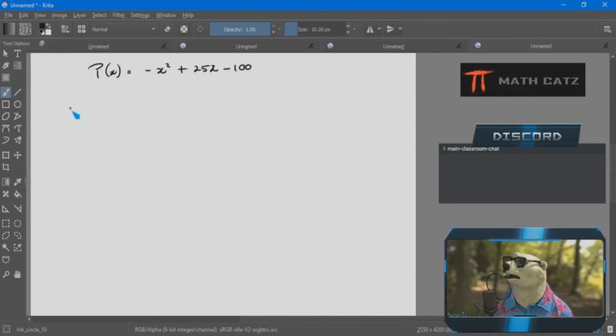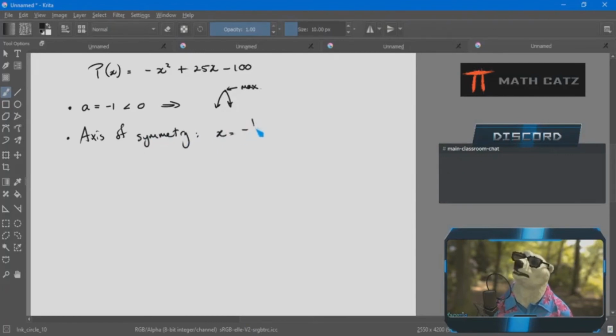Now again, I see some properties. A is -1, negative, meaning, as I would hope, I have a parabola pointing down, resulting in a maximum point, which is now the vertex I want to find. That vertex sits on the axis of symmetry, which is when x is equal to negative b over 2a in general.